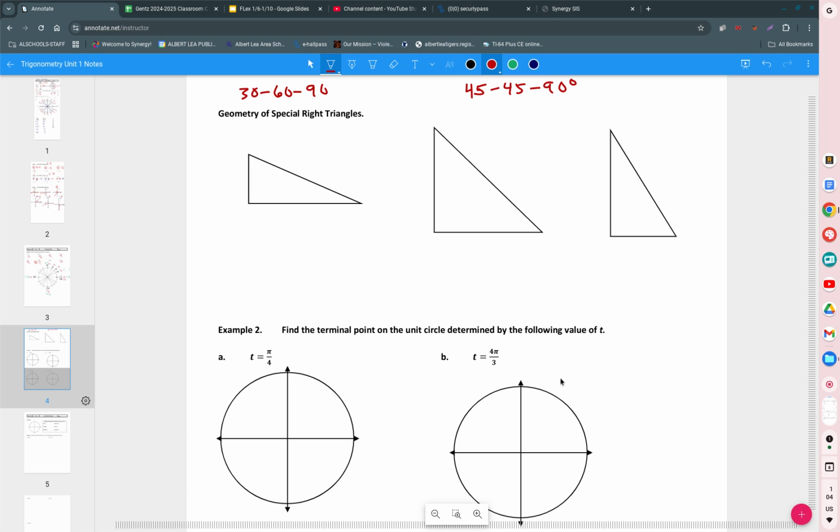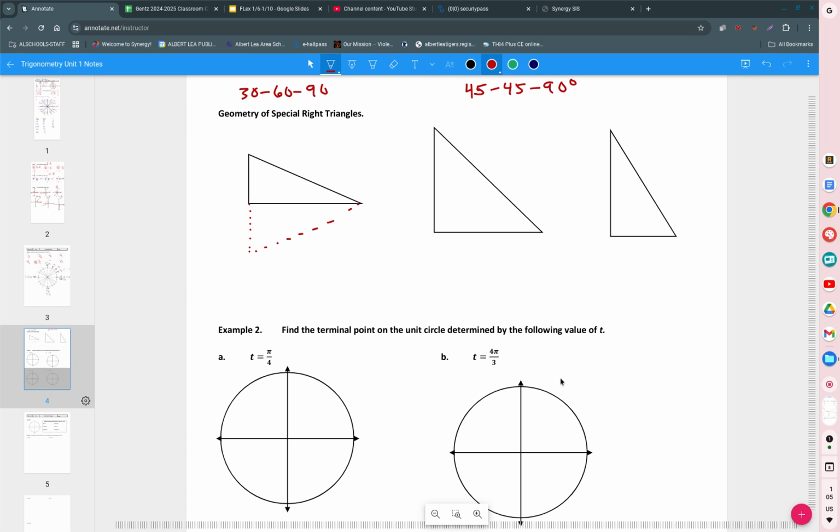This 30, 60, 90 actually comes from a 60, 60, 60 triangle. Watch what I'm going to do. See how I build that second part onto it? Agree that this whole thing would be a 60, 60, 60? And if we wanted just a 30, 60, 90, we would just cut it in half to get that top side, right?